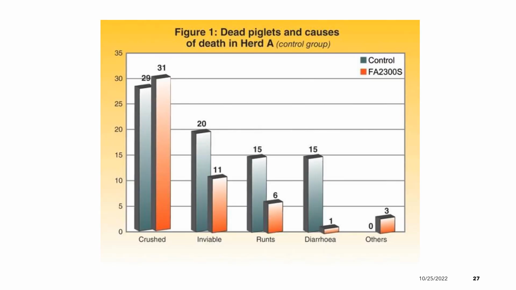This diagram shows the causes of piglet mortality in one study in a herd. The most common cause listed is crushing, followed by non-viable pigs, runt pigs, diarrhea, and other causes.